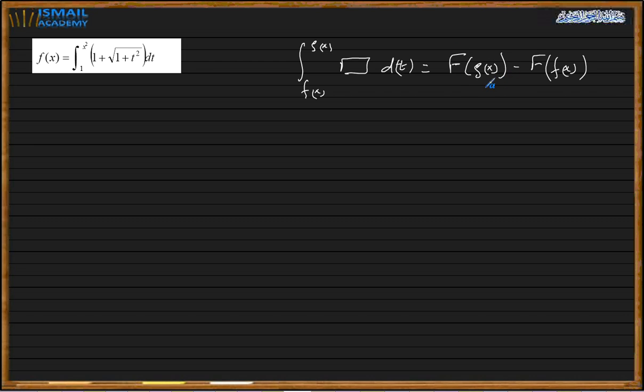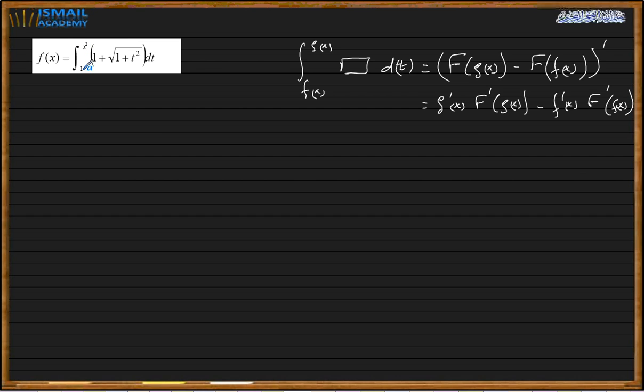If I take the derivative of this, I will have g prime, because of the derivative of the inside, times f prime of g of x, minus f prime of x. So this is exactly what you're going to end up with, which means that if I want to take the derivative of this one, this is my g of x, this is my f of x.